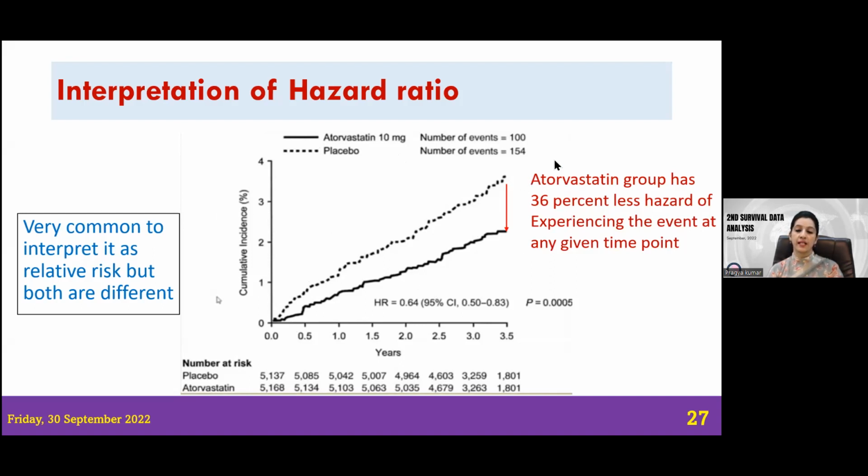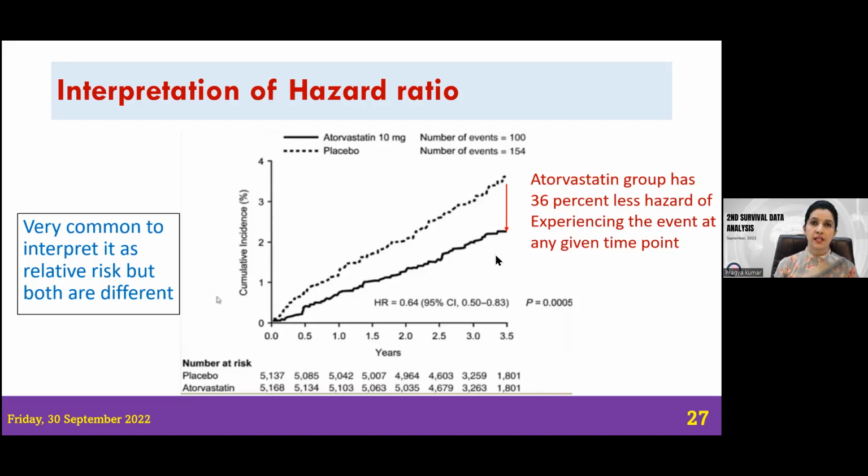So we can say that the atorvastatin group has 36% less hazard of experiencing the event at any given point of time. And you can see this curve is somewhat parallel. It will not be exactly parallel, but if you see the distance between these two curves, they're never going to meet. So they will be almost parallel. By seeing such a curve, you can say that the proportional hazard assumption is met.